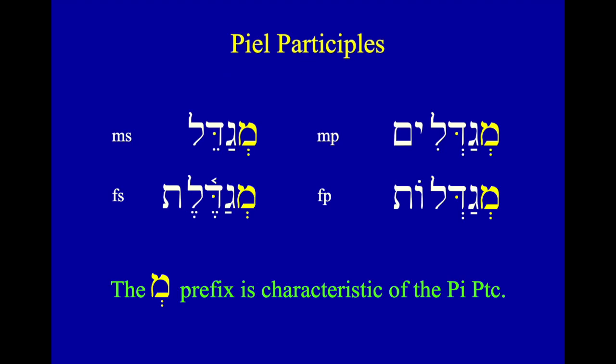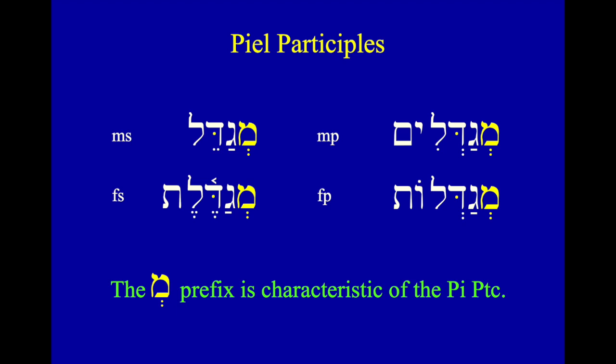Piel participles. Remember, the Piel exists in all these different patterns. We just talked about the perfect form, right? The perfect form, remember, you double the middle radical and you have an I-class vowel underneath your first radical. Now we're going to talk about participles. The Piel shows up as participles just like the Qal does, just like the Nifal does. Here we have our root gadal, which shows up often in the Piel in the Bible, which is why I'm using it as the example.